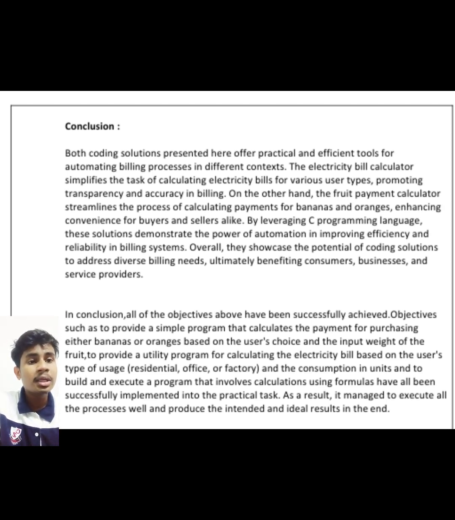By using the C programming language, this solution demonstrates the power of automation, improving efficiency and reliability in billing systems. Overall, they showcase the potential of coding solutions to address diverse billing needs, ultimately benefiting consumers, businesses and service providers.